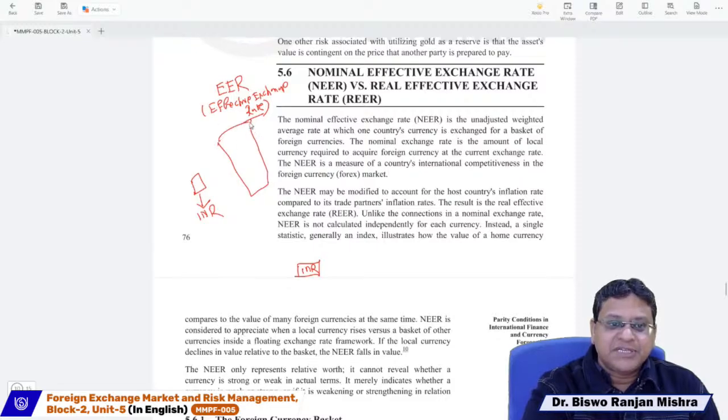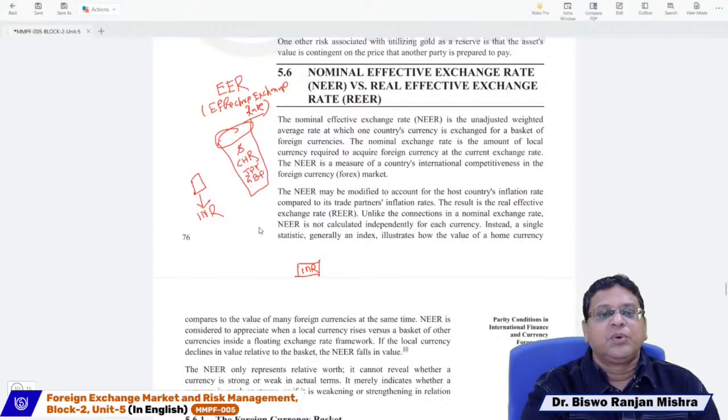What are the basket of currency? In the basket of currency, we have a dollar, we have Chinese renminbi, then we have Japanese yen, we have Great Britain pound, okay, we have euro.